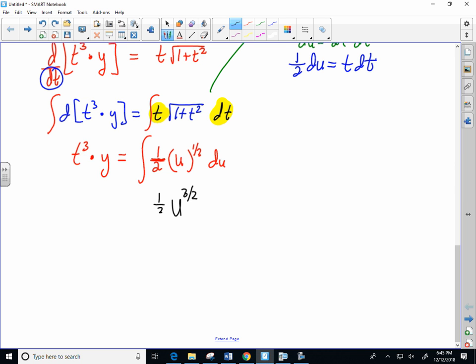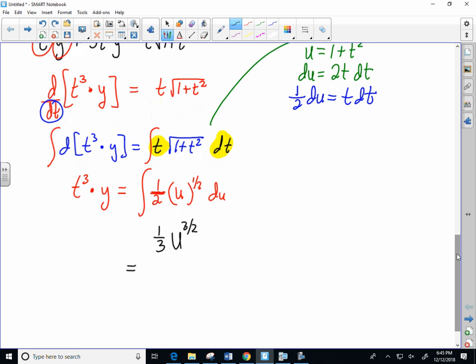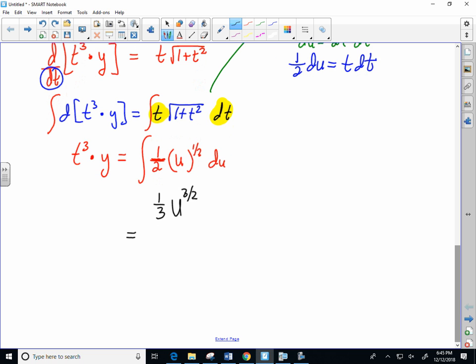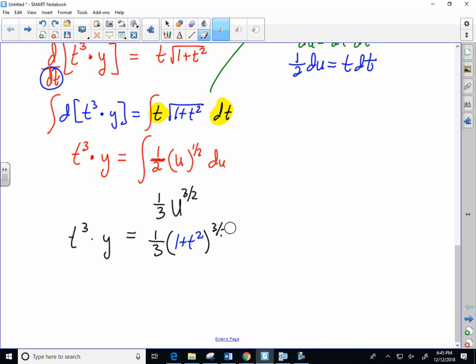So you get 1/3 u to the 3/2, which would become, if we're reverse substituting, since u is 1 plus t squared, 1/3 of 1 plus t squared to the 3/2, with the left-hand side being t cubed times y. That's a poor quality too, so let me just fix that right quick. We'll do the plus c right at the very end.